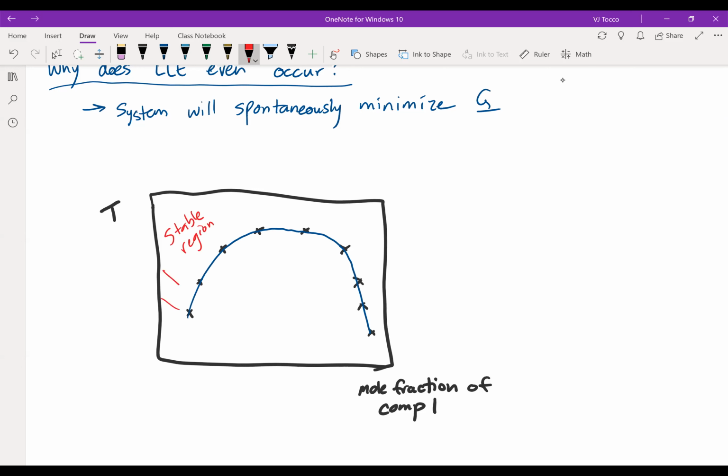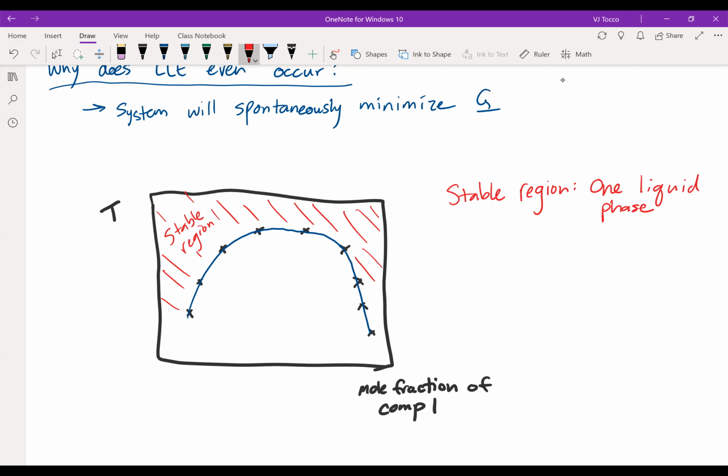So this is all outside of the envelope, and in the stable region, there's only one phase that exists. The stable region is one liquid phase. But below the curve, we have what's called the unstable region, where 2 phases will result.